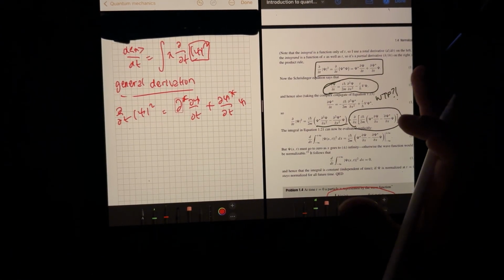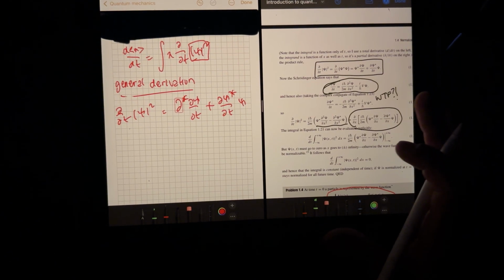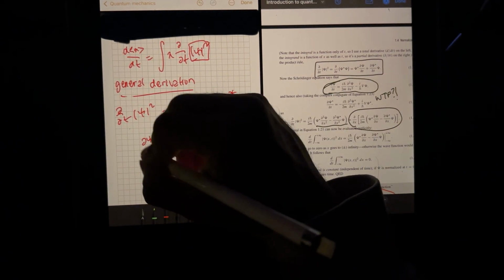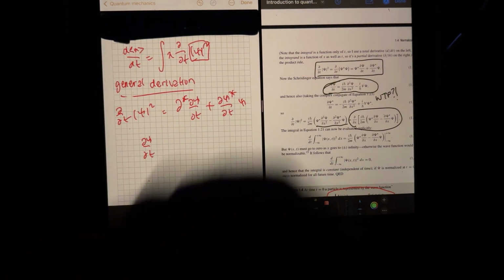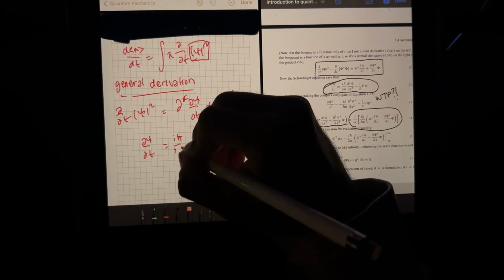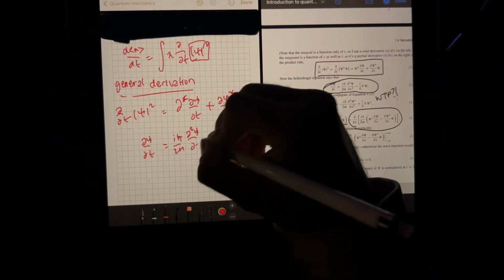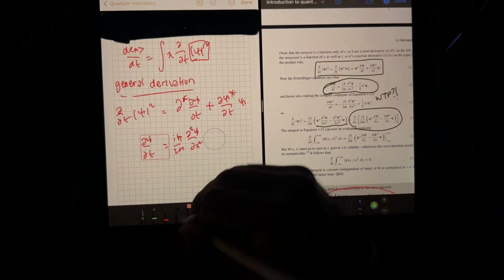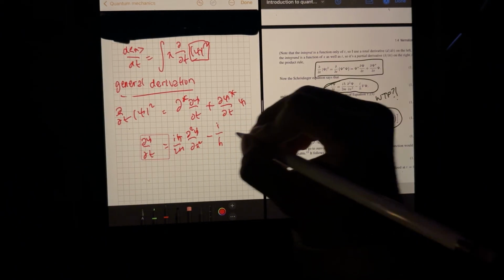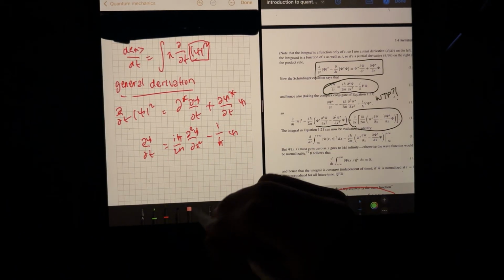And ∂psi/∂t is what? It is iħ/2m ∂²psi/∂x² minus i/ħ V psi.